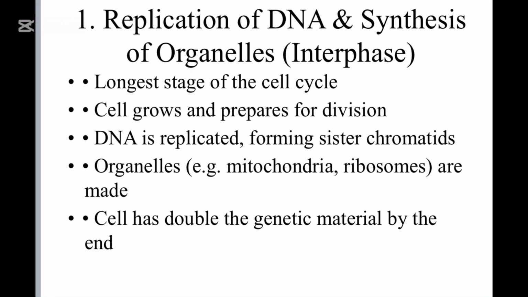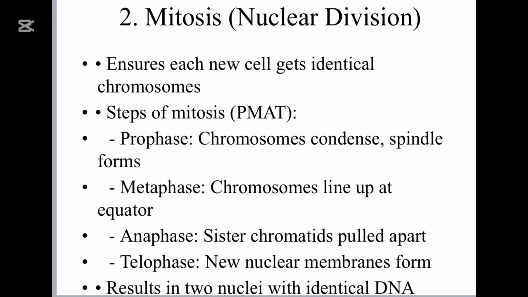The longest stage of the cell cycle is the interphase. In this stage, the cell grows and prepares for division. DNA is replicated, forming sister chromatids. And the organelles such as mitochondria and ribosomes are made. The cell has doubled its genetic material by the end of this stage.